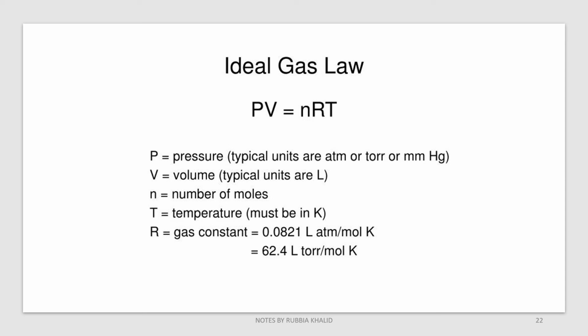If you are given temperature in Celsius, you're going to add 273 to convert it into the Kelvin. R is equal to the gas constant, which is 0.0821 liters atm per mole Kelvin.